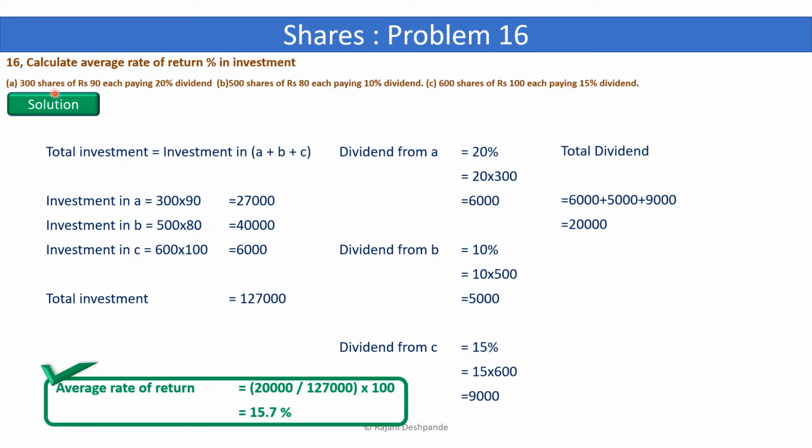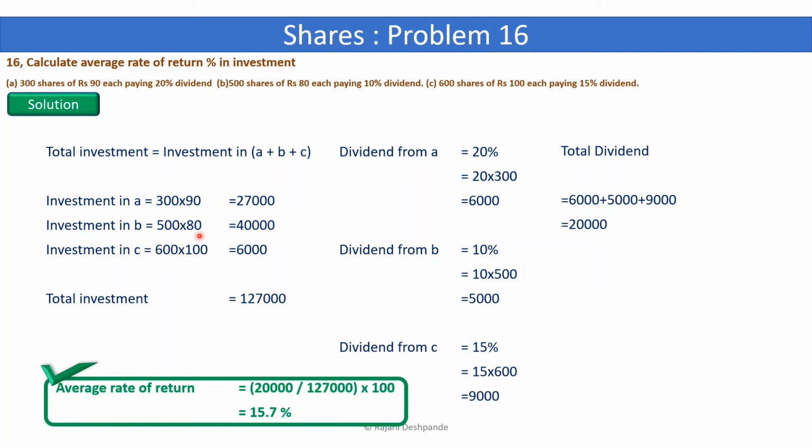So now let us first calculate the total investment. So total investment will be investment in A plus B plus C. So all the three investments we have to calculate first. Investment in A, 300 shares of rupees 90 each. So directly 300 into 90, 27,000. Investment in B, 500 shares of 80 each.